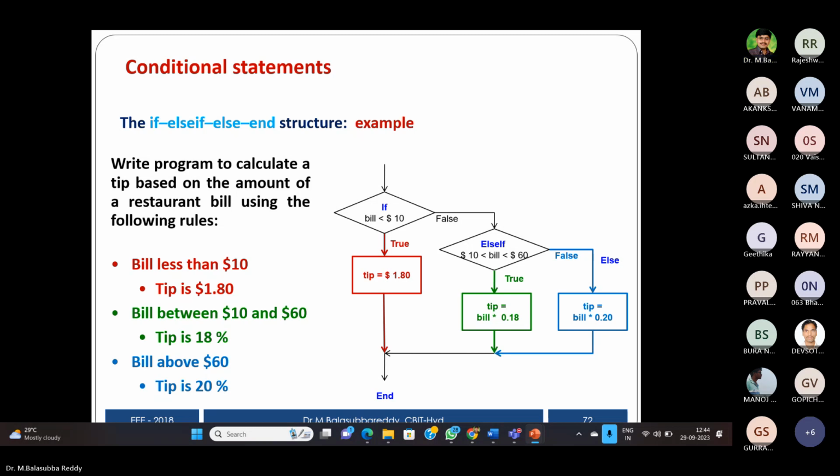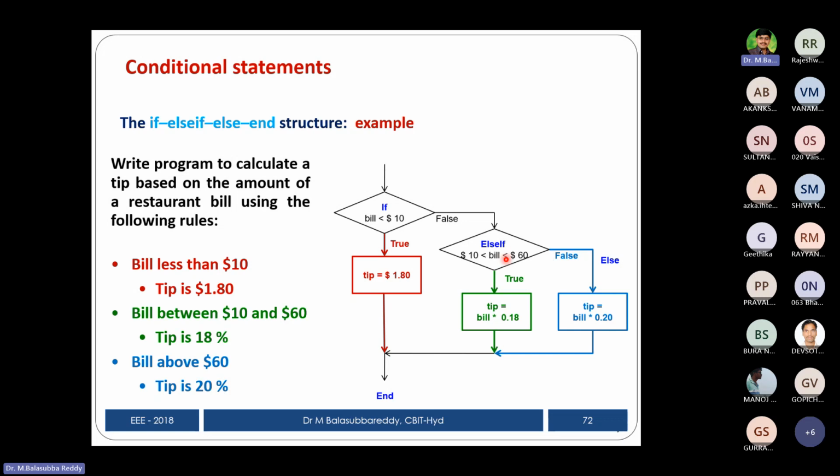Else if bill, now the condition will be bill greater than 10 and bill less than 60. Earlier I gave this statement, 10 is less than bill and bill is less than 60. That way also you can use it. Then it will check, and if that is true, then tip is equal to bill into 1.8.